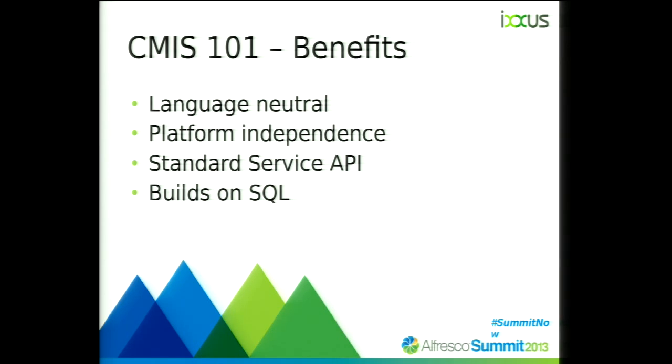So if you are coding in a language that can make an HTTP call and process XML or JSON, you're ready to get going with CMIS. That's the only thing you need. If you are working in Lisp, Clojure or something, and you can make an HTTP call and process JSON, then you can talk to a CMS system via CMIS.